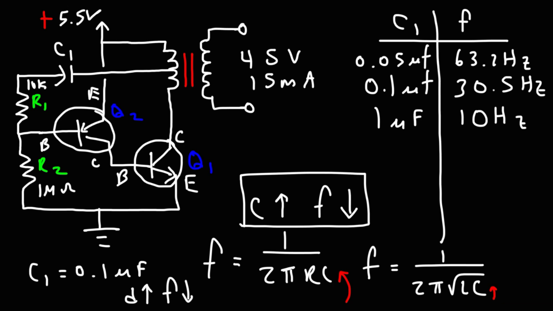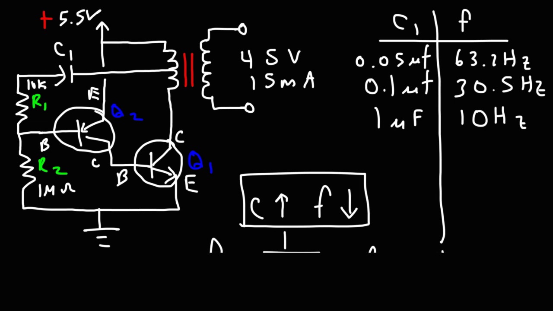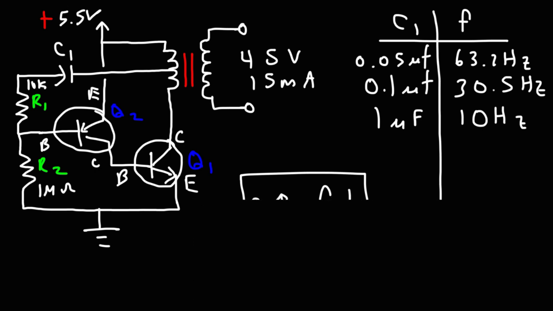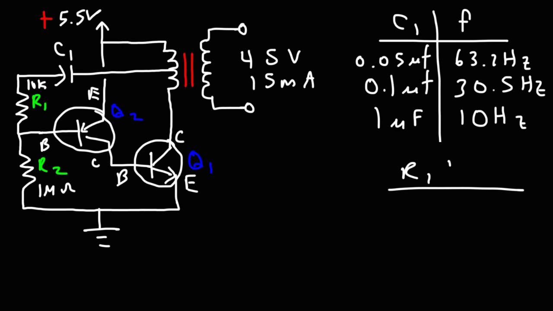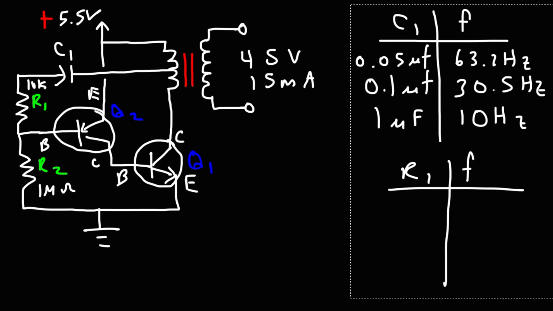Now the frequency of the output is not only dependent on the capacitor, but it also depends on other things as well. It depends on R1. So let's talk about the relationship between R1 and the frequency.